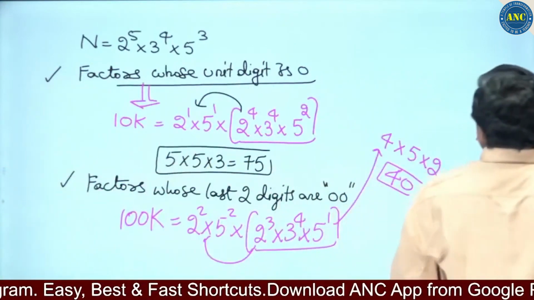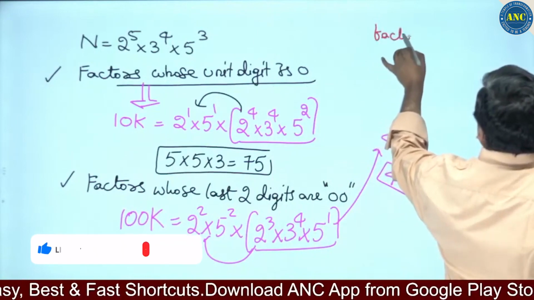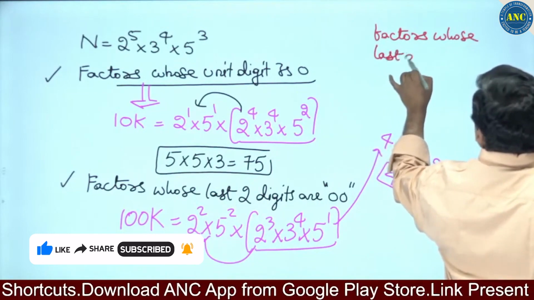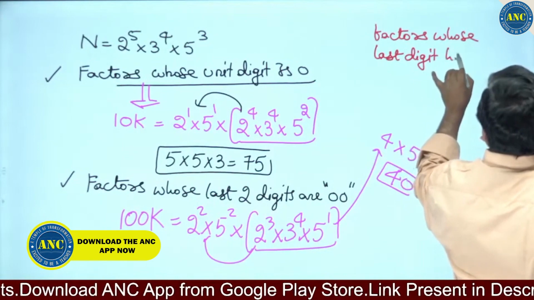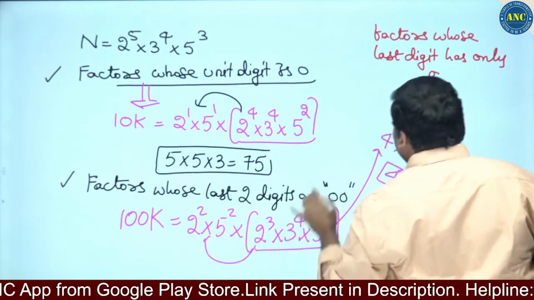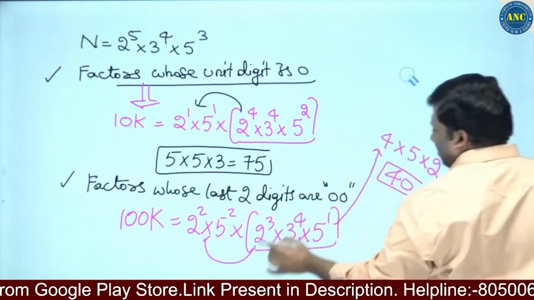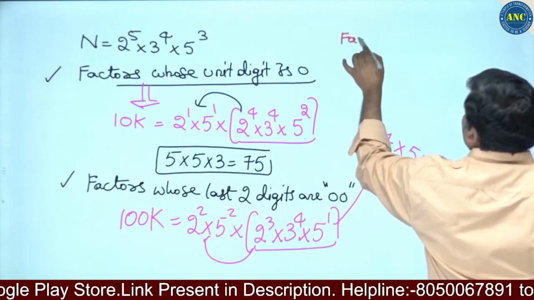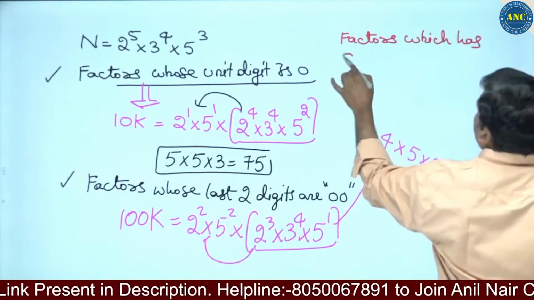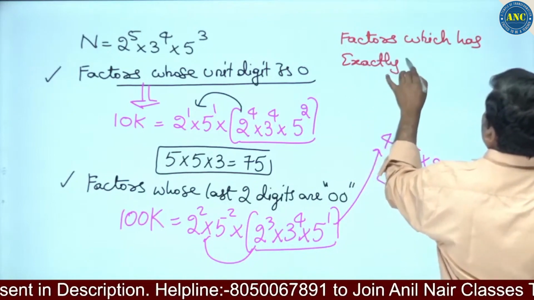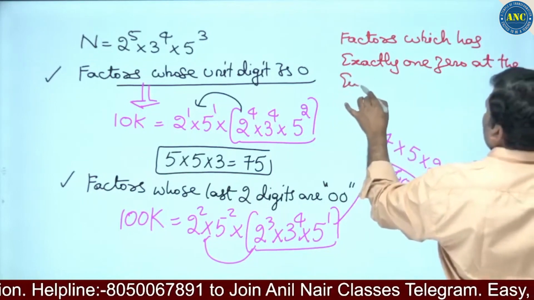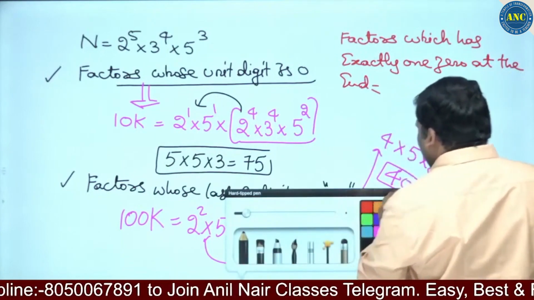Suppose we ask a question: factors which have exactly one zero at the end, factors which have exactly one 0 at the end.